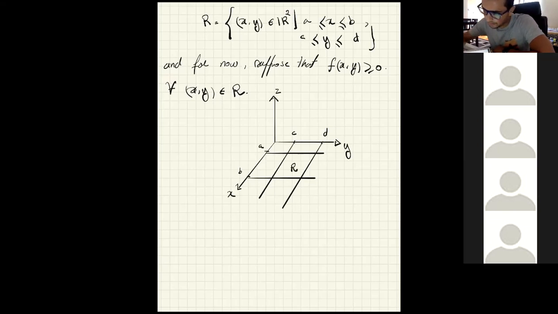And above this rectangle, there will be some function. Trying to change the color so that maybe it's going to be a bit easier. There will be some function here.